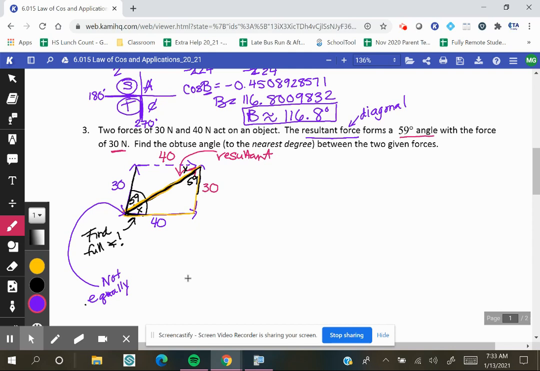If this was 40 and this one was 40, then both of those angles would be 59 because it would be an isosceles triangle, so the base angles would be equal. These are not equally divided, so you cannot assume that that angle down here, X, is 59, because those sides are not the same.